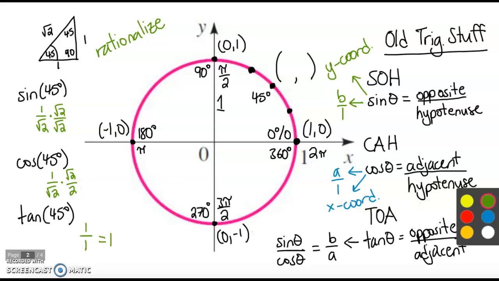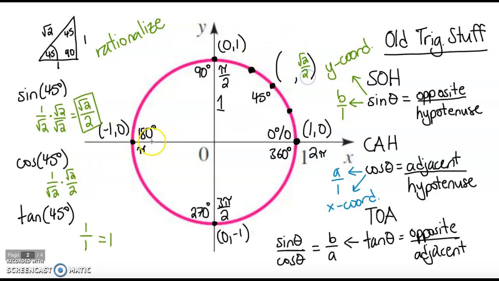And then you multiply straight across the top and the bottom. So 1 times square root of 2 would just give me square root of 2. And square root of 2 times square root of 2 would give me square root of 4, which is just 2. So this is actually what you would see on a unit circle for sine of 45 degrees. So you would see square root of 2 over 2.